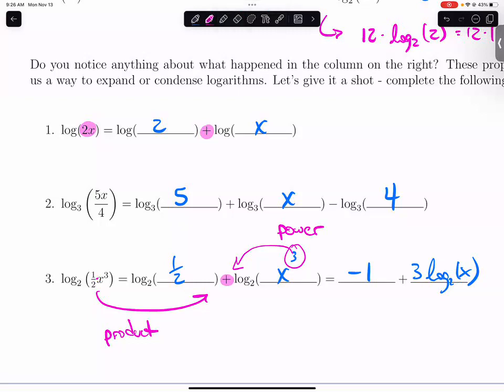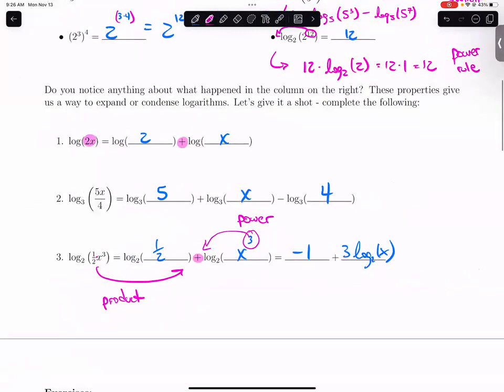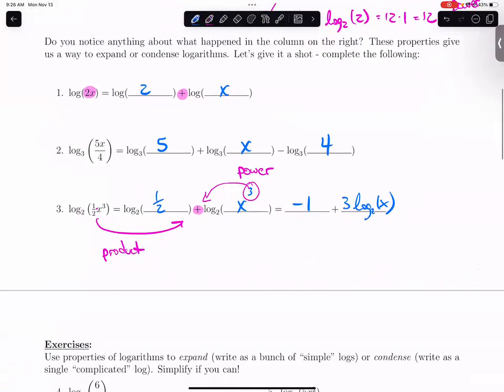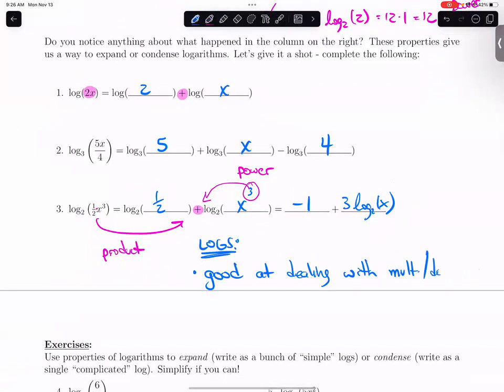Okay. So logs, I'm recording this one, so I should do it on the screen. Logs are really good at dealing with multiplication, division, or powers using these product and quotient and power rules that we just talked about.